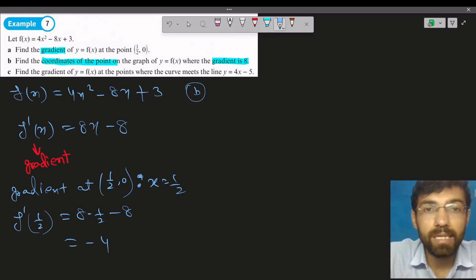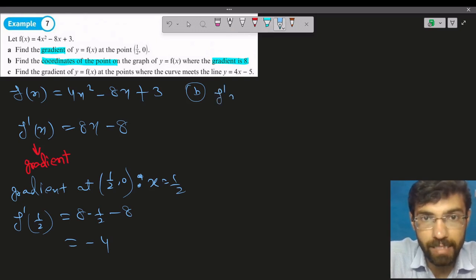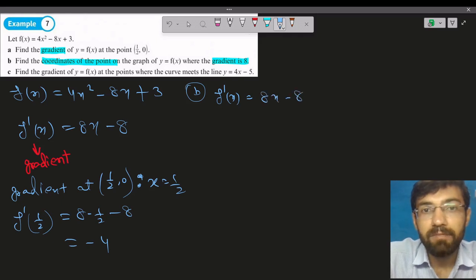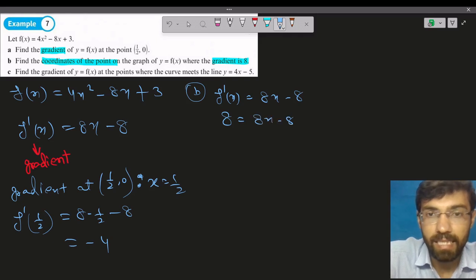We know that the gradient function f dash x is 8x minus 8, and f dash x represents the gradient, and this time you want the gradient as 8. It means in place of f dash x we will substitute 8. So 8 equals 8x minus 8. That's it. 8x equals 16. So x equals 16 by 8.